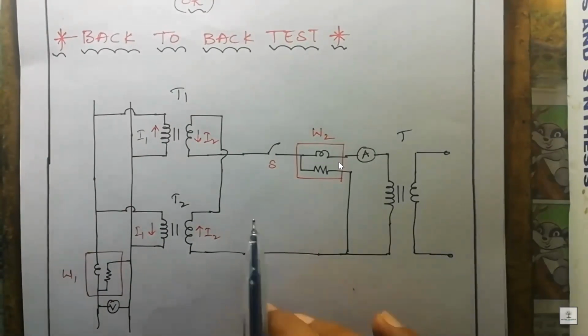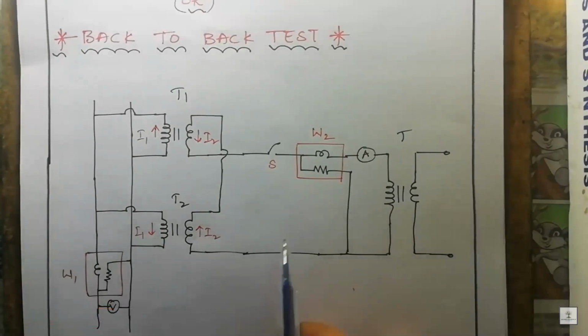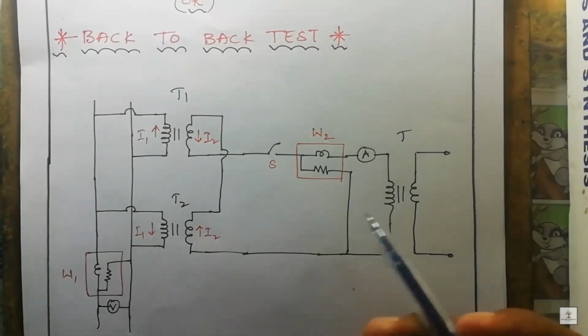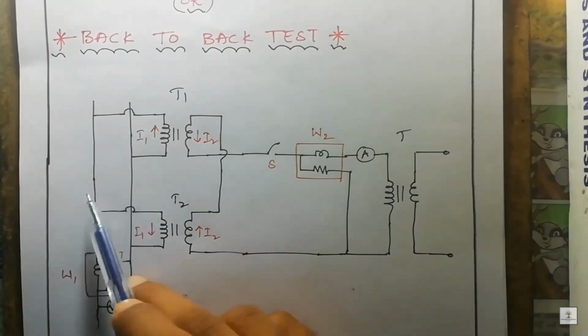In the Sumpner test we are going to conduct OC test and SC test at the same time, but we can't identify where the actual operation of OC test and SC test is operating here. So let us discuss the circuit diagram first. Here you can see there are two supply lines.